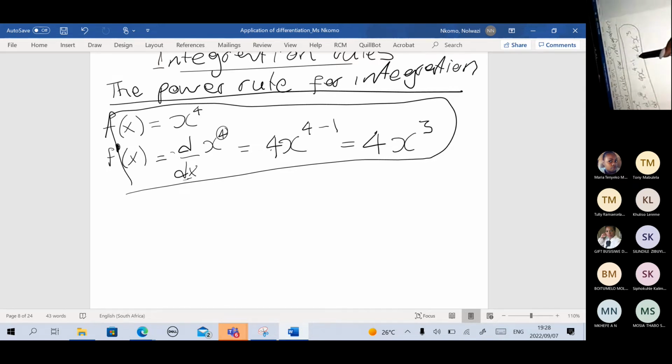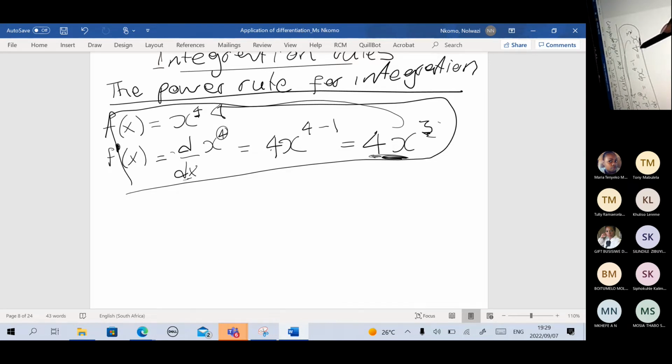We want to move from here to here. Here we have 4 and here we have 3, so to move from here to here, we need to add 1. So we add 1 to the exponent.